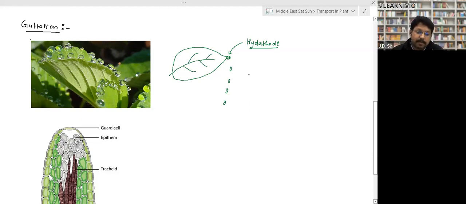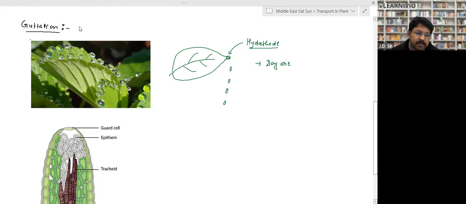Actually, where does it happen? There are certain conditions where it happens. It takes place in those places where they have high temperature.